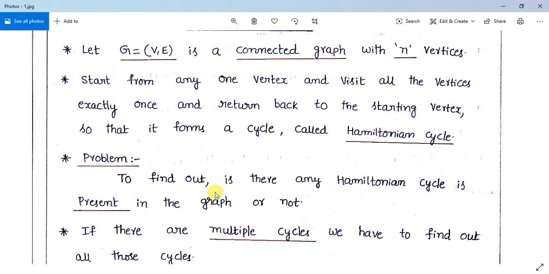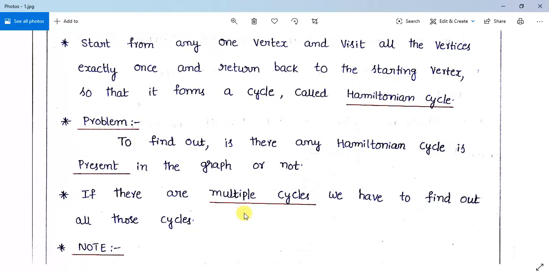That is the first thing. And second, if there are multiple Hamiltonian cycles, we have to find all of those cycles. So this is our problem.